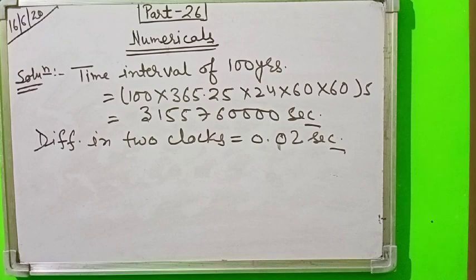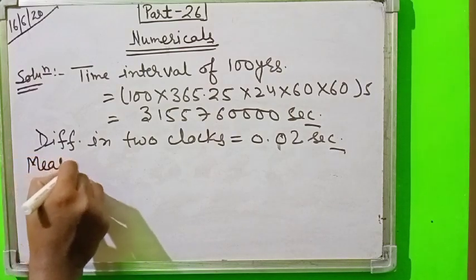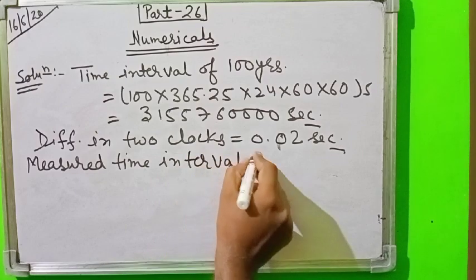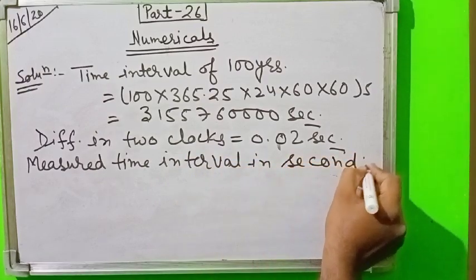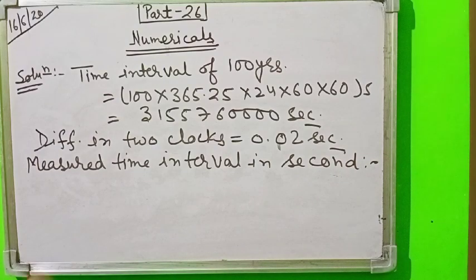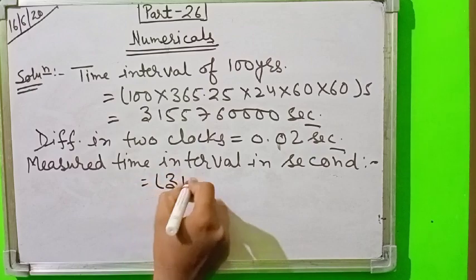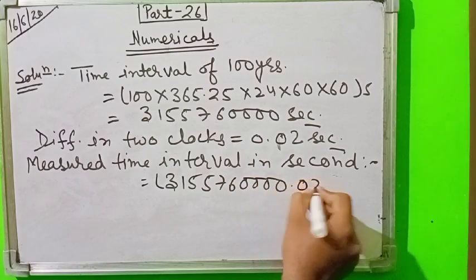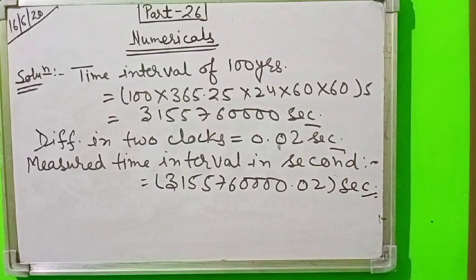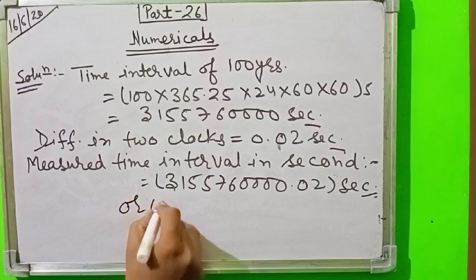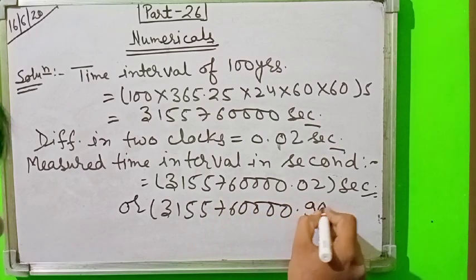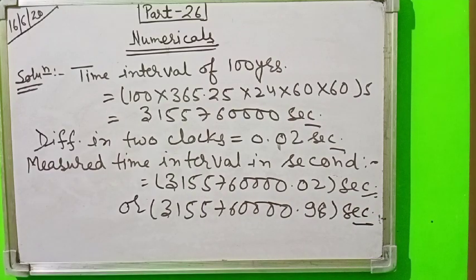So the measured time interval in second will be equal to 3155760000.02 second, or 3155759999.98 second, because the difference is that it is either more or less by 0.02 second.